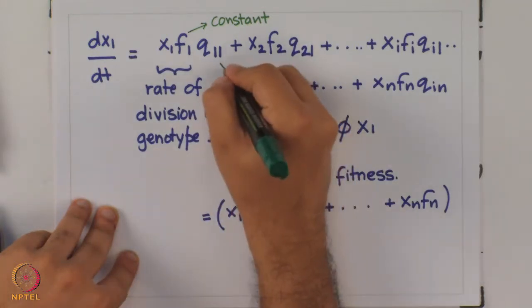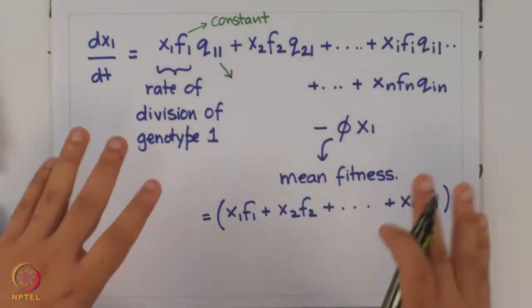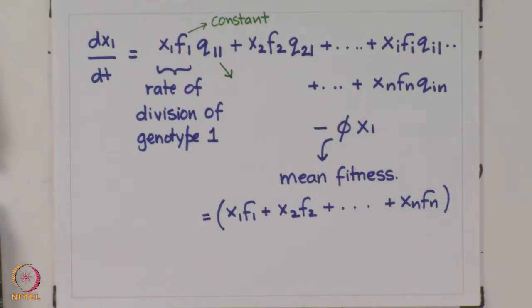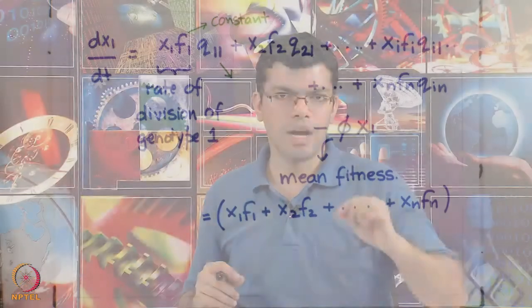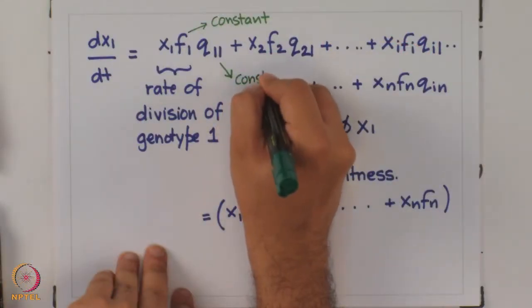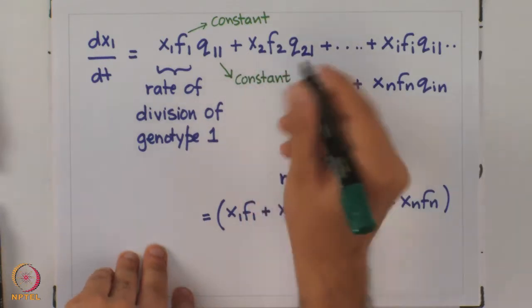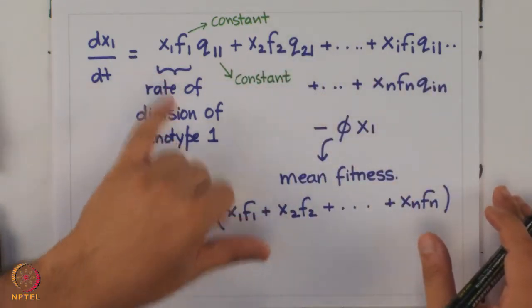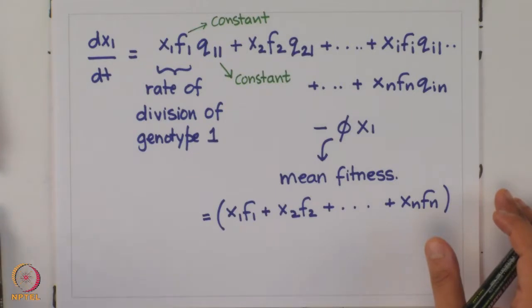The mutation matrix Q is fixed once I define it. Once I say that genotype i can change to genotype j with a probability of 0.1, that probability does not change with time. So, these two are constant. The only variables in this setup are my xi's, which are the frequencies of every genotype.